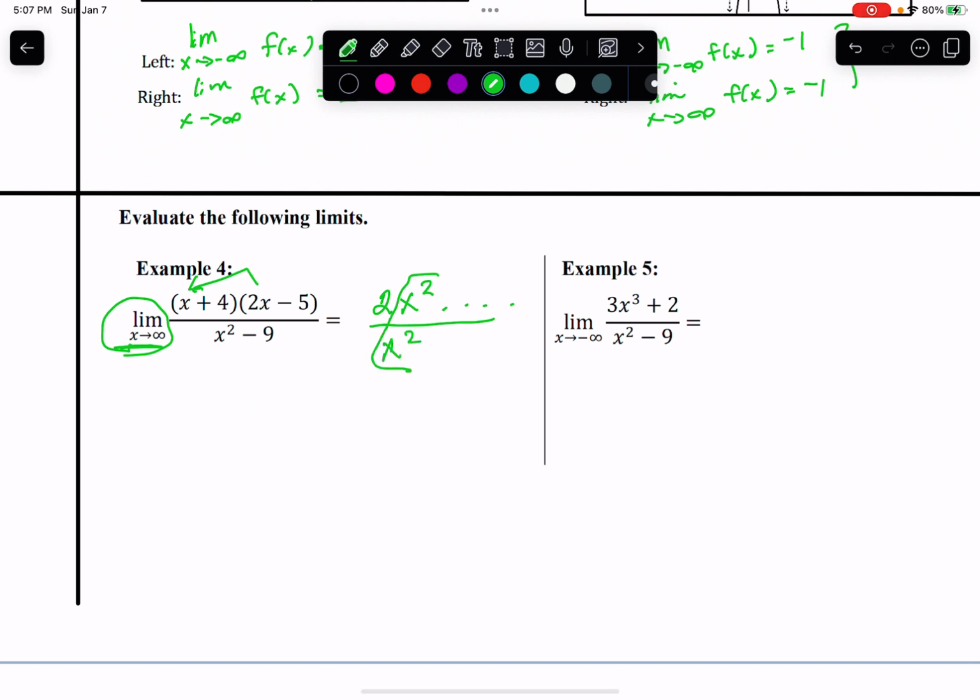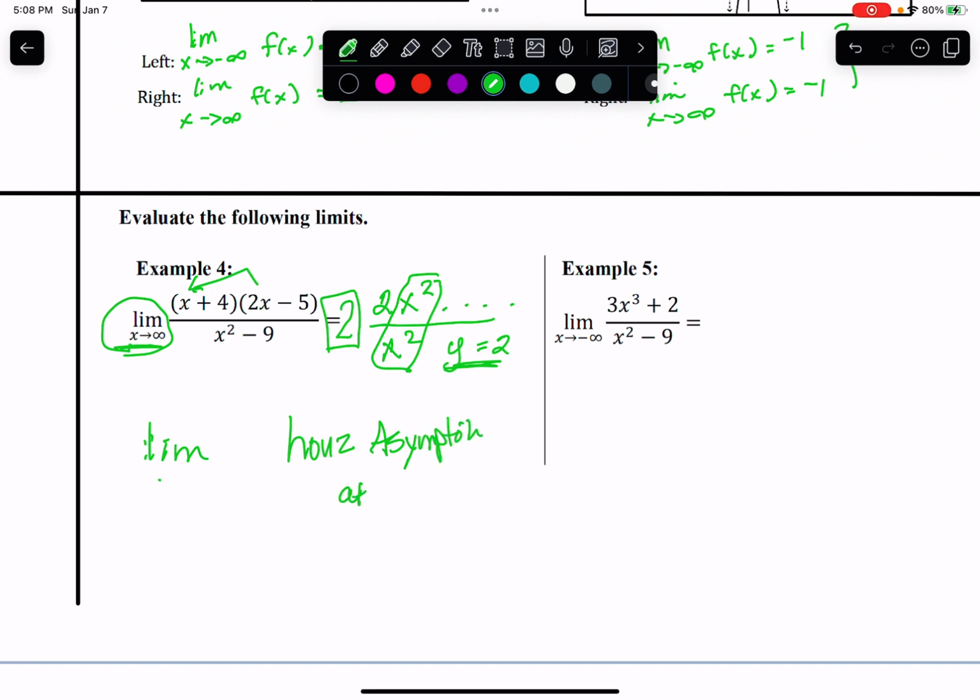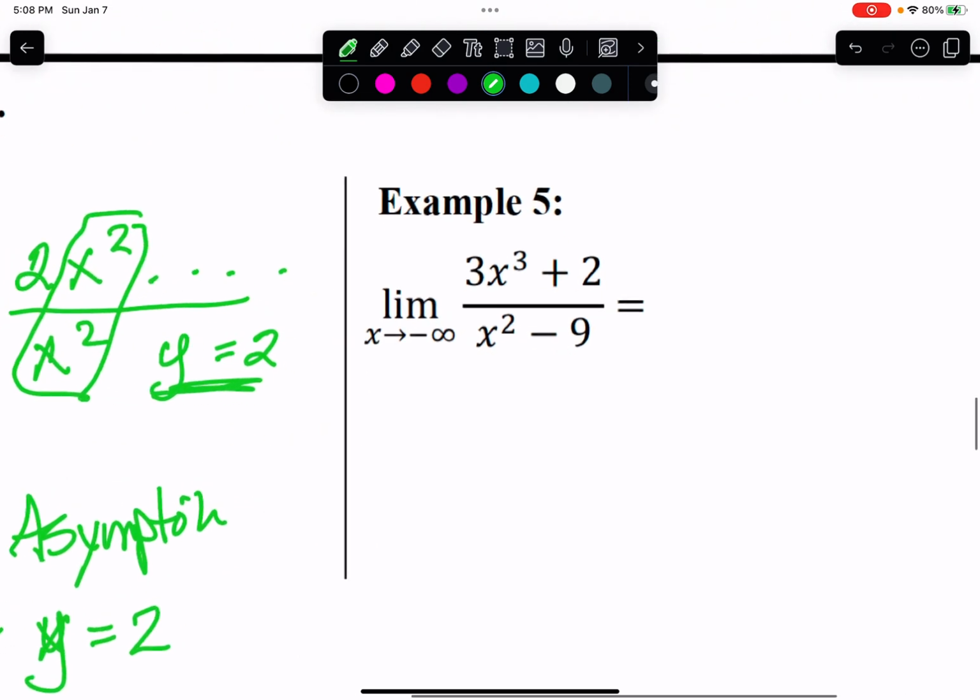So I have the same degree, so I have a horizontal asymptote at y equals 2. So the limit as x goes to infinity has to approach 2. That limit is 2, and we have a horizontal asymptote at y equals 2.